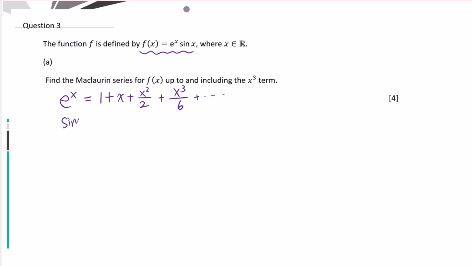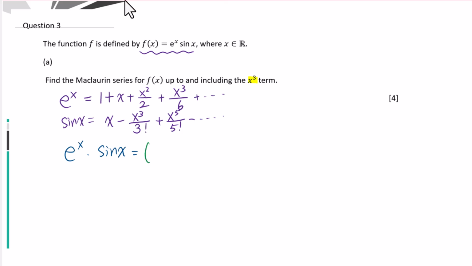Sine x equals x minus x to the third power over 3 factorial plus x to the fifth power over 5 factorial, and so on. Therefore, e to the x power times sine x equals, we need up to x to the third power.